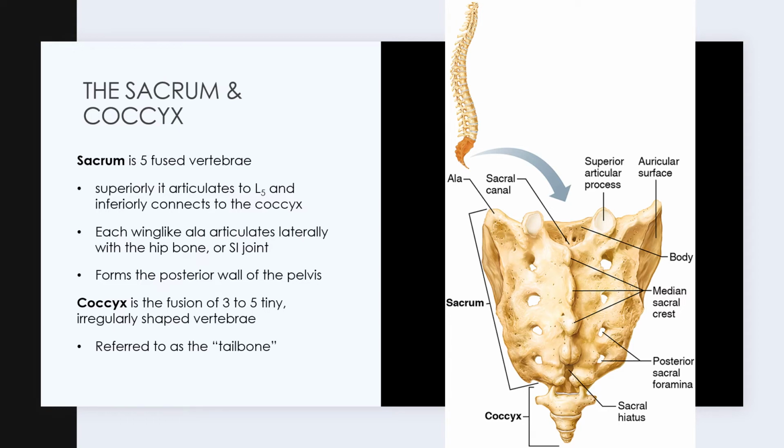Each wing-like ala articulates laterally to the hip bone. So the sacroiliac joint forms the posterior wall of the pelvis. So it has protective properties too. And then the coccyx, just at the little bottom, it's your tailbone. And it's the remnant of the tail that other vertebrate animals have.